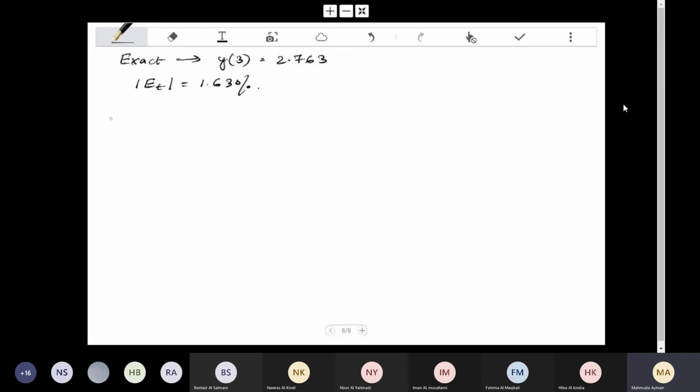Now for the midpoint method, we'll do an example.